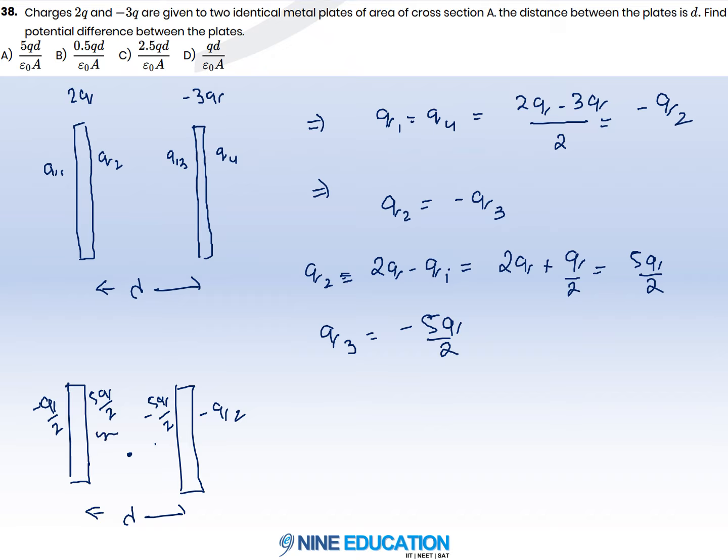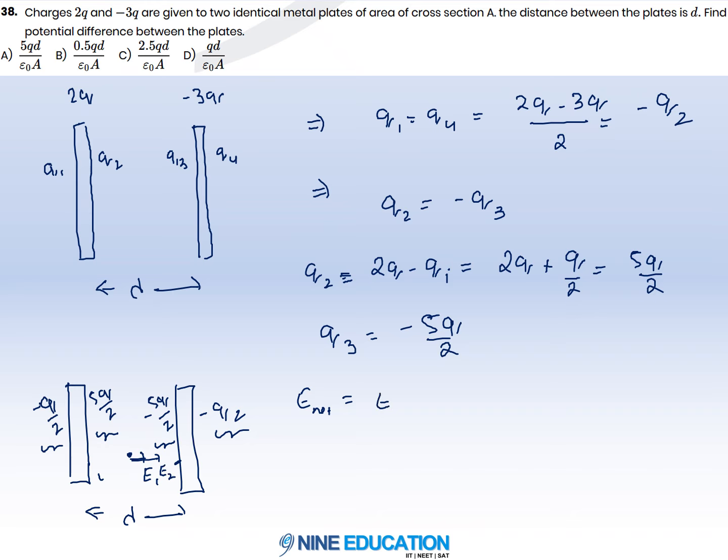The field is only because of the two inner charges, because the outer charges have equal and opposite fields, so their fields cancel out. So E net between the plates is the field due to this plate plus the field due to that plate. Due to this plate, the field E1 is in this direction, away from the charge, and due to the other plate it is in the same direction, E2.